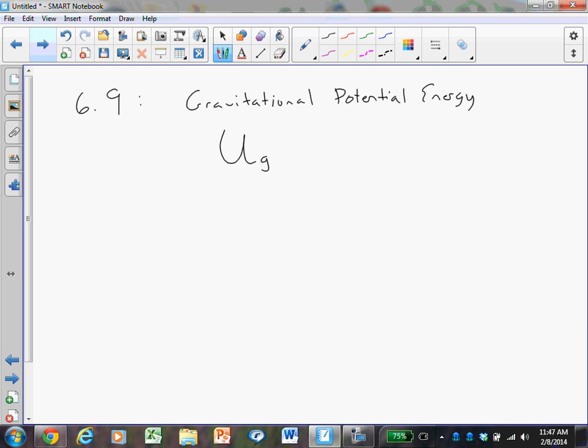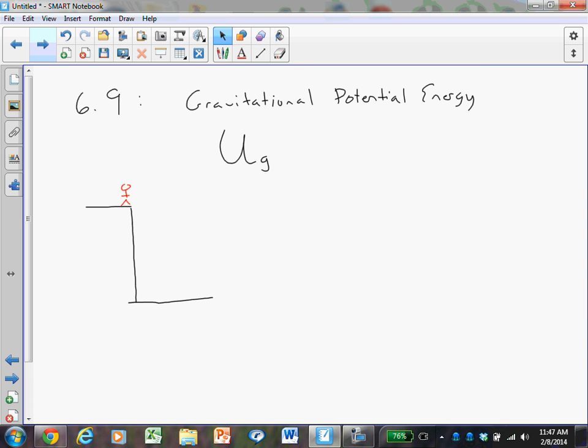But potential energy is associated with the position of an object. So, for example, if you're up here on a bridge or a cliff, you can have gravitational potential energy in relation to the position of the ground below.